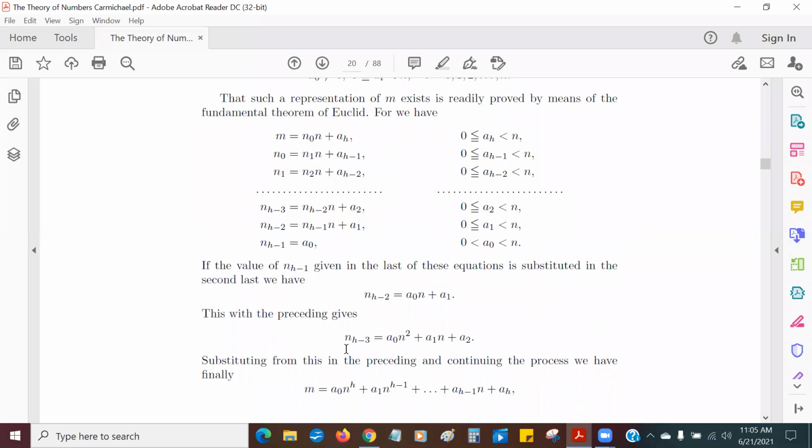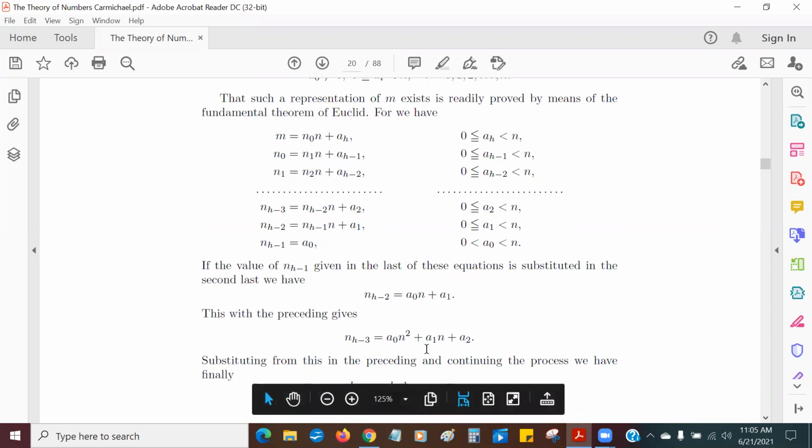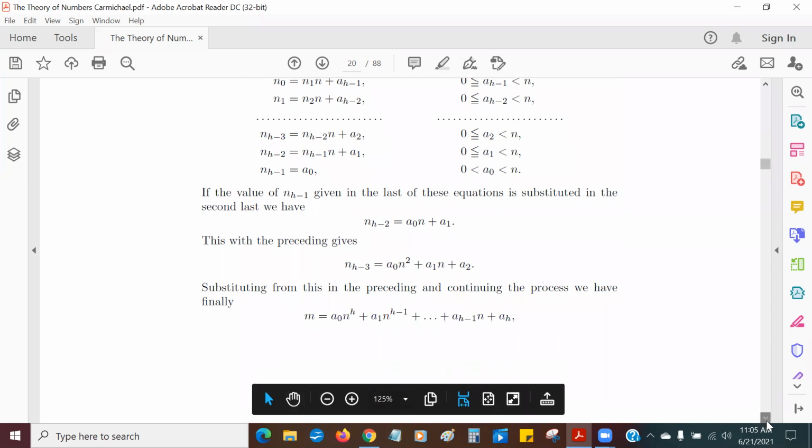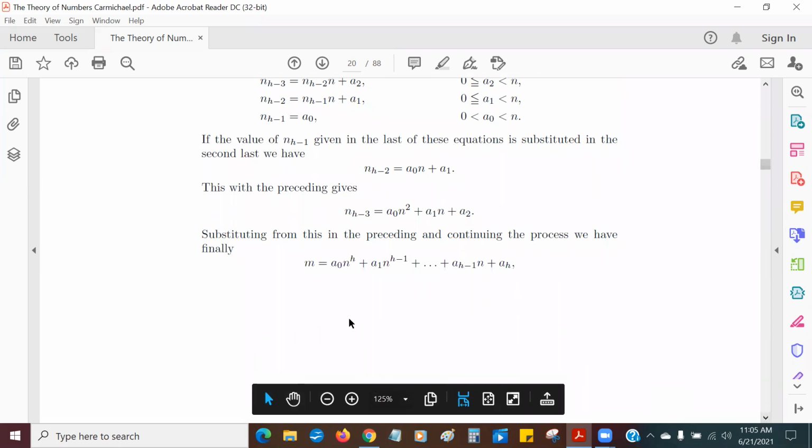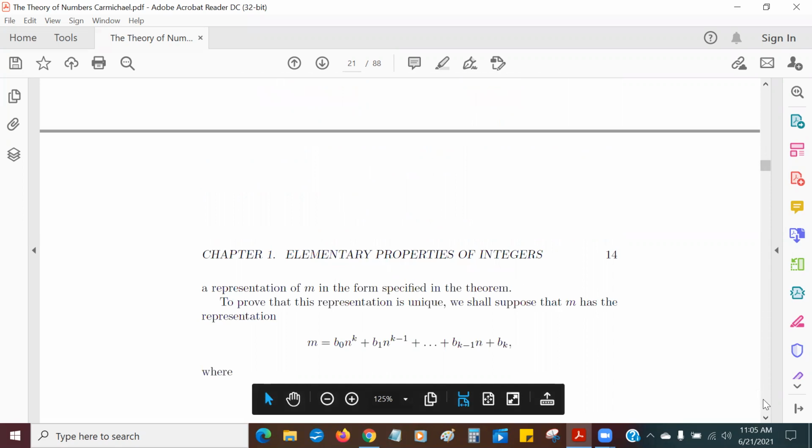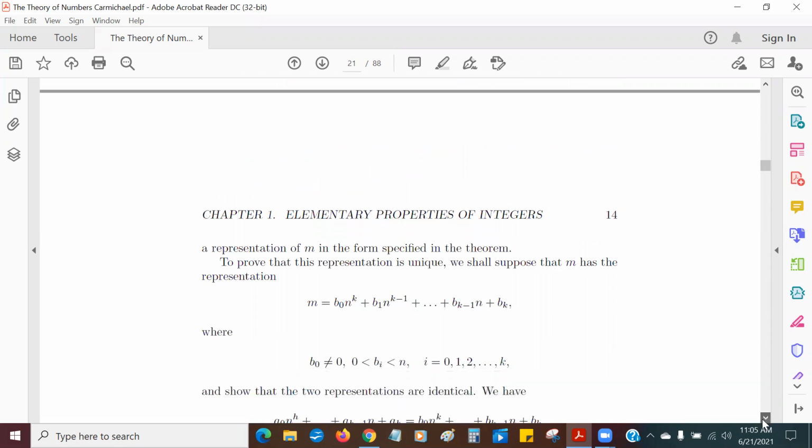Then I can continue substituting in a similar manner. n_(h-3) equals a_0 n squared plus a_1 n plus a_2. I keep on back substituting over and over again. Eventually, I'm going to wind up with m equal to a_0 n^h plus a_1 n^(h-1) and so on. This is really the same thing as writing a number in a different base.